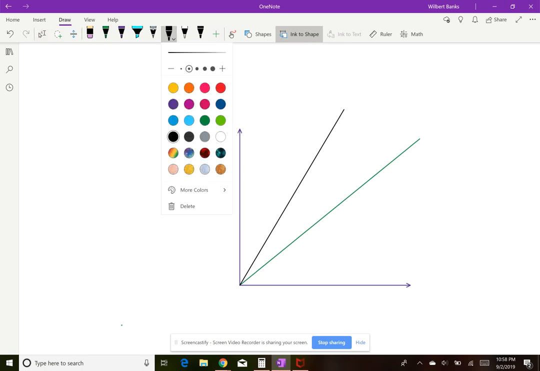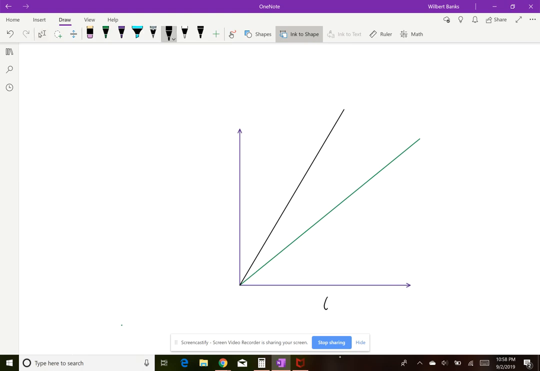And I was trying to graph the movement of someone running, two guys running. So this right here is runner number 1, and this is runner number 2. That's their time, and this is their distance.